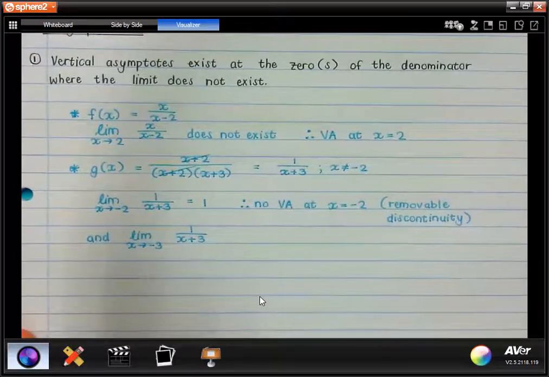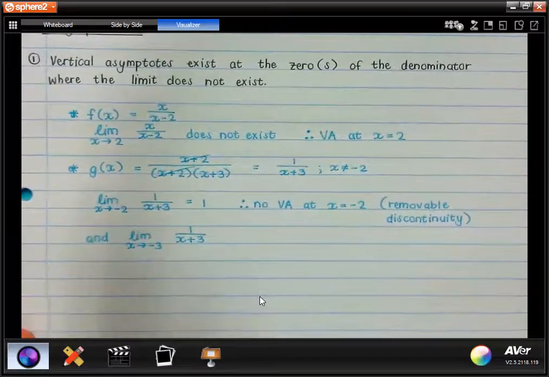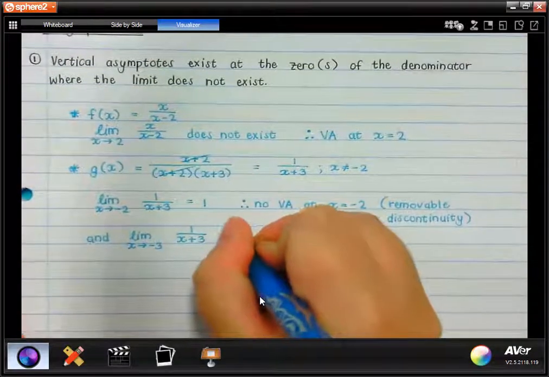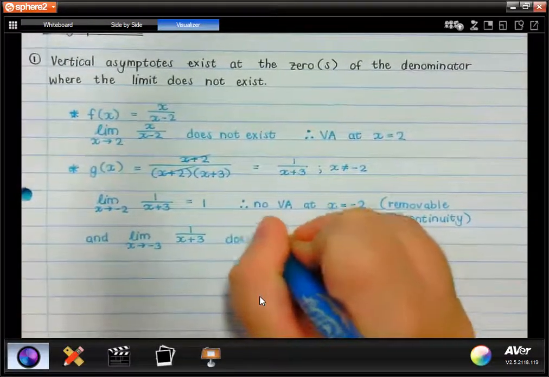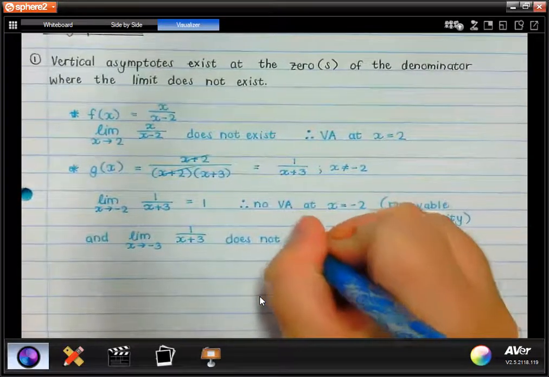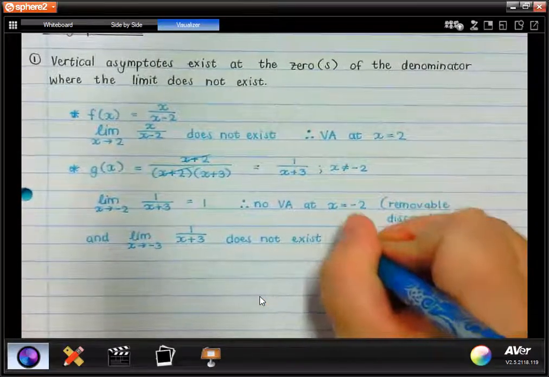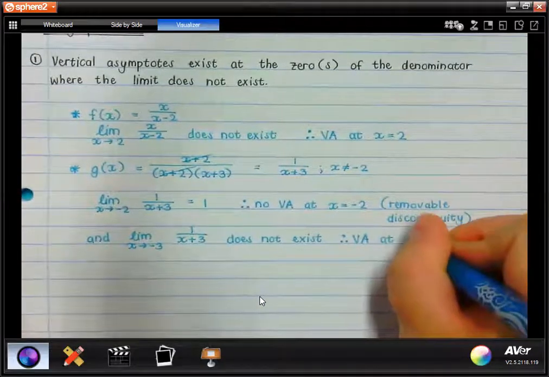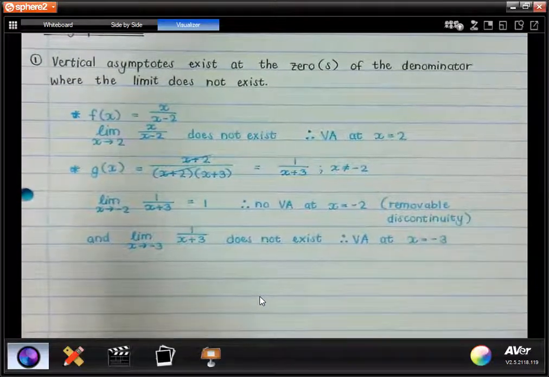We can't simplify that fraction in any way, so the x plus 3 is not really a problem. So this limit does not exist because if we sub -3 in there, the denominator is 0. So therefore, we are actually going to have a vertical asymptote at x equals -3.